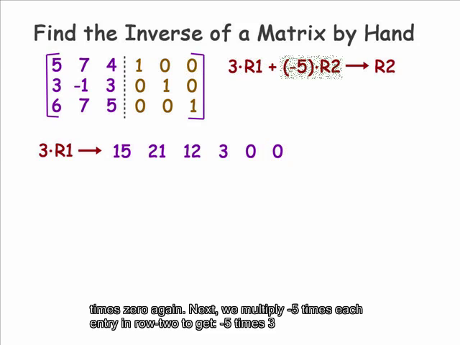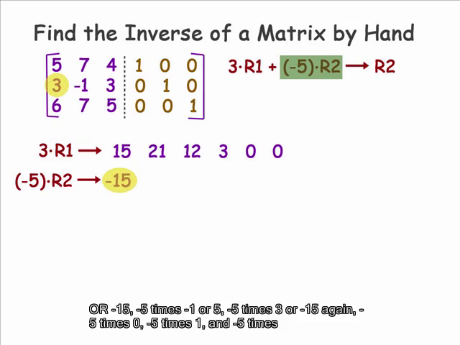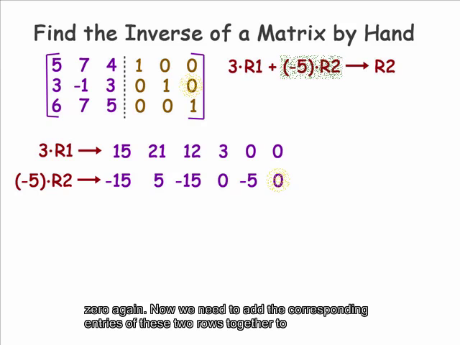Next, we multiply -5 times each entry in row 2 to get -5 times 3, or -15, -5 times -1, or 5, -5 times 3, or -15 again, -5 times 0, -5 times 1, and -5 times 0 again.